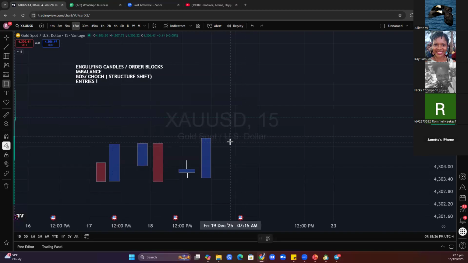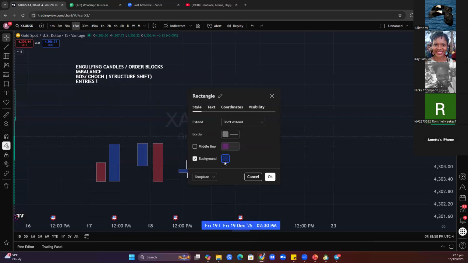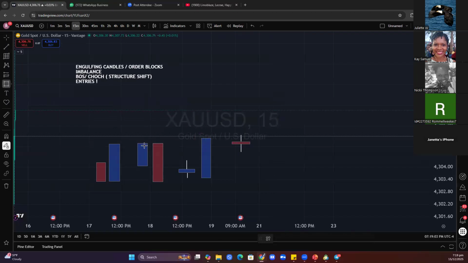Absolutely not. What you're looking for is momentum in either direction in the market. You're looking to see where the price pushed up significantly or pushed down significantly. So this could be, once again, a sell candle followed by a big sell to the downside.